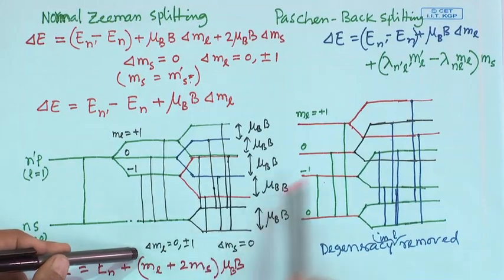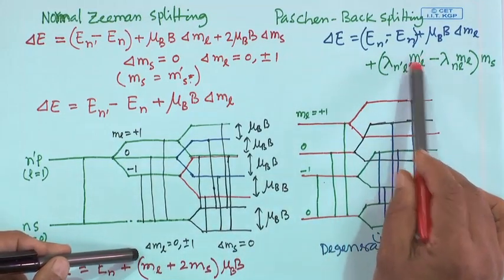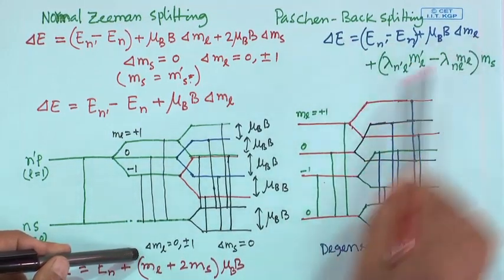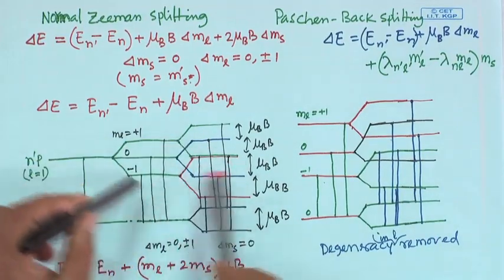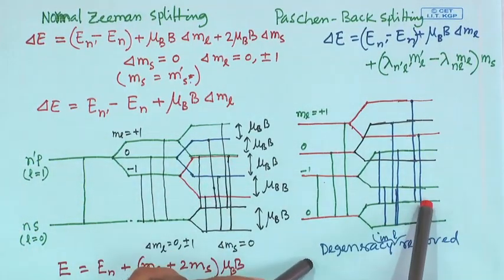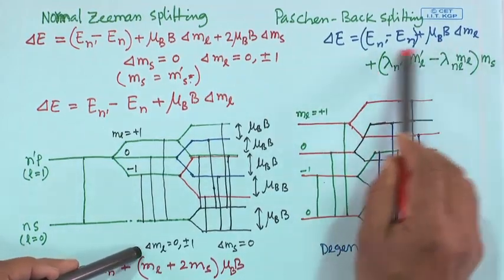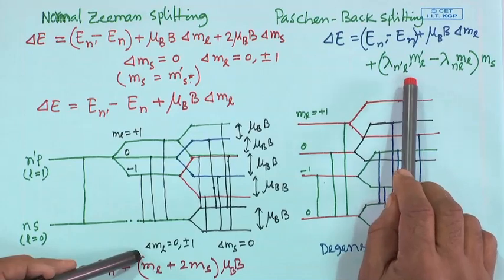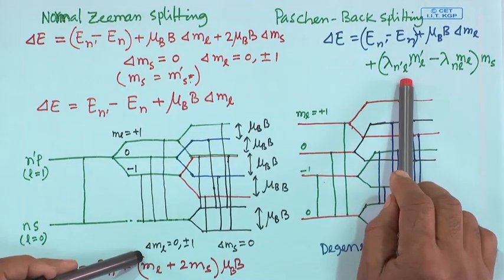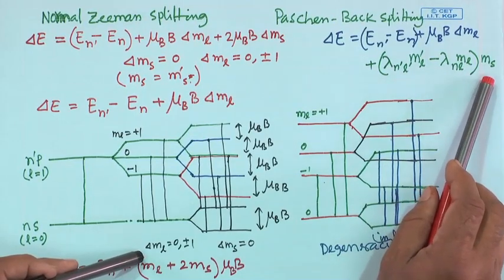Now, in Paschen-Back splitting, this term is there, so that means this type of splitting will be there. In the energy level an additional term is added, and that term depends on the L value and the ms value. Okay.